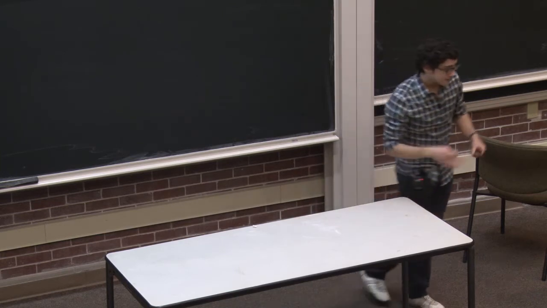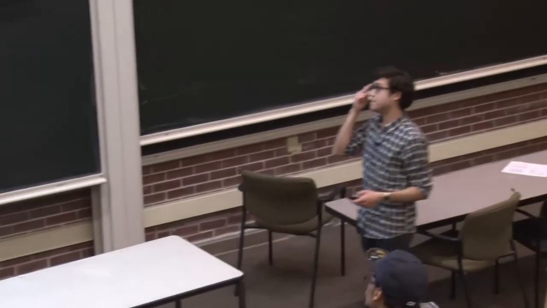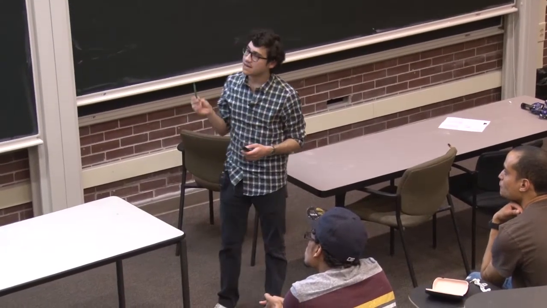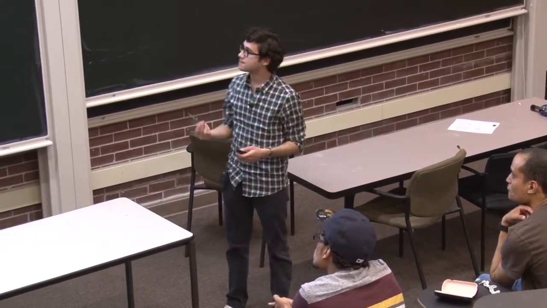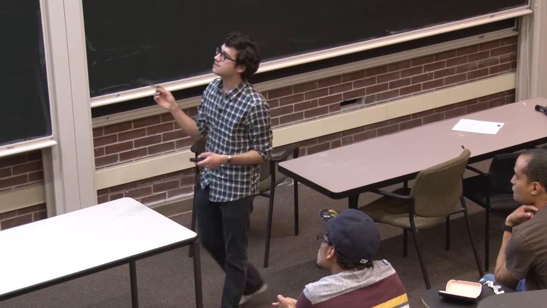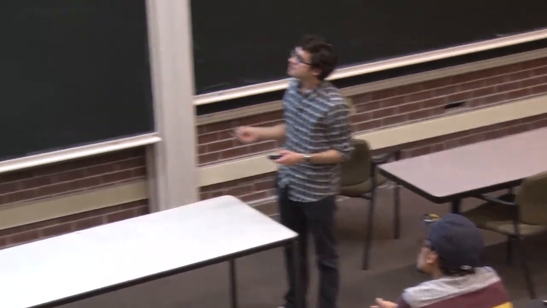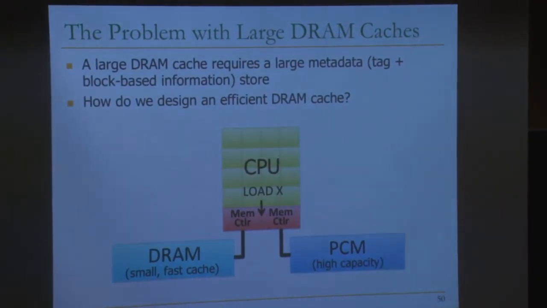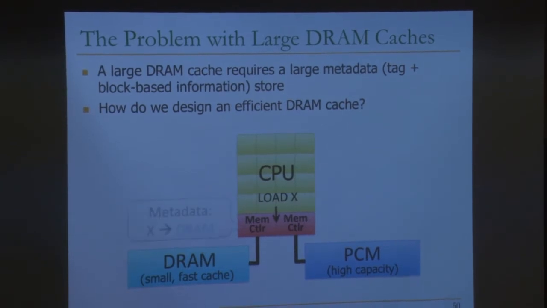So we'd like to use a lot of DRAM for the reasons that I just described, but there's reasons why it's difficult to use it as a cache. We have tag and block-based information like age information. So the question that we then wanted to ask was, how do we design an efficient DRAM cache? So here's looking at the same system as before. And in this typical system, just to put everything into perspective, we'll have a load from the processor.